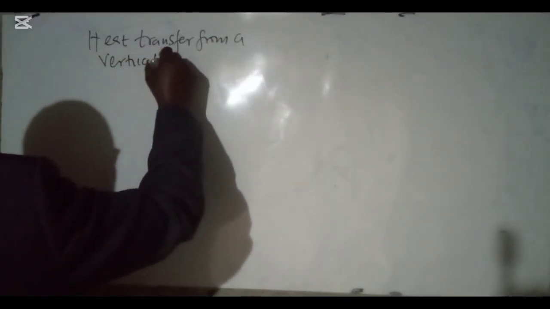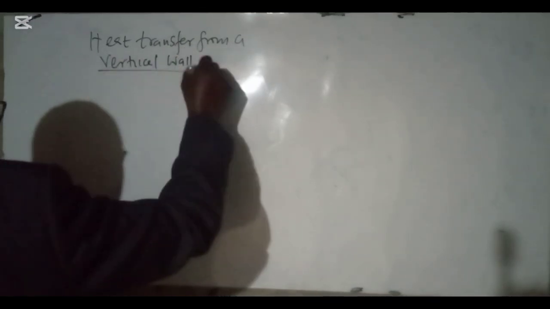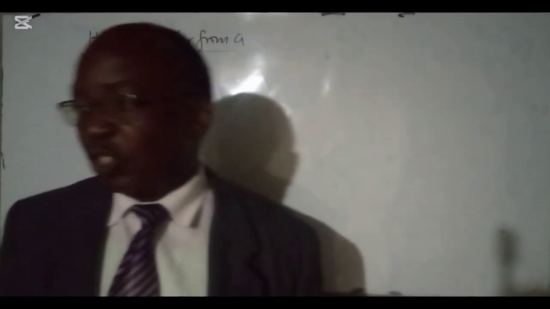Today, we want to look at heat transfer from a vertical wall. When you have this vertical wall in contact with some stationary fluid, if the temperature of the wall is high, then the fluid will move upwards.